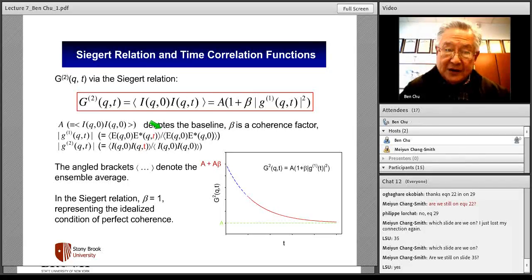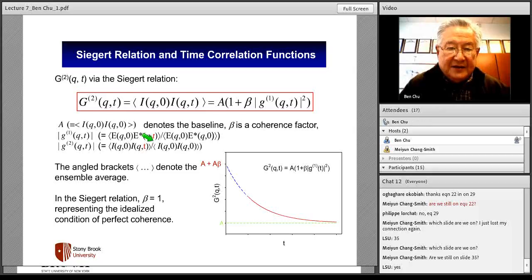So you can also therefore write out the second order intensity time correlation function that's been normalized. So this becomes the lowercase g, and you have I(0) I(t), the intensity time correlation function, normalized, divided by the I(0) squared term here.